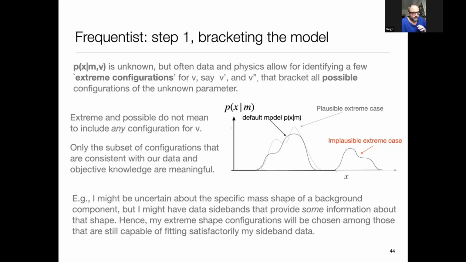And then what you do is that you make sure that your inference gives coverage for any value of your nuisance parameter within that range.